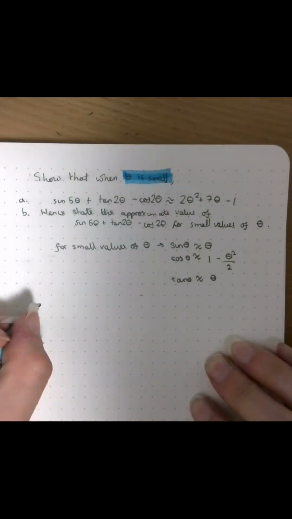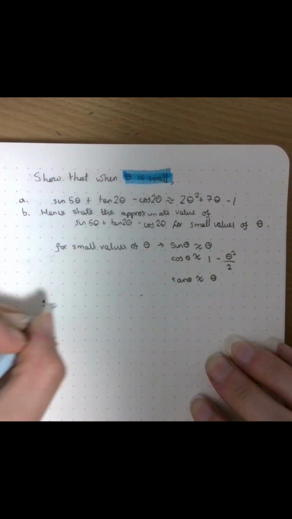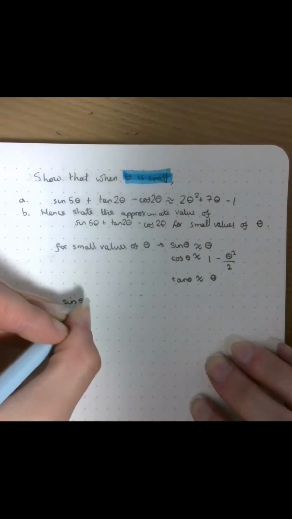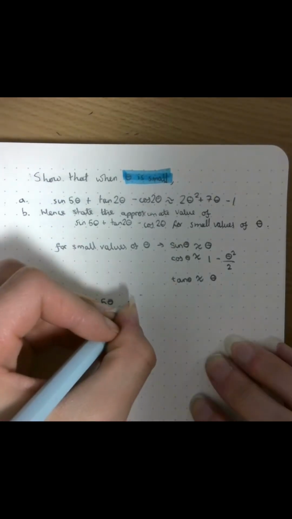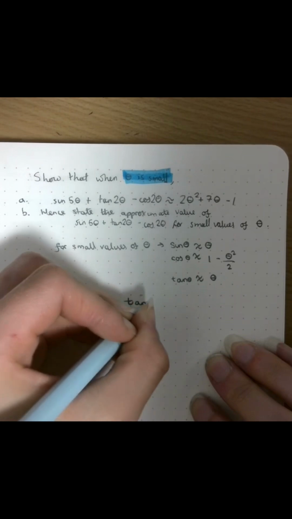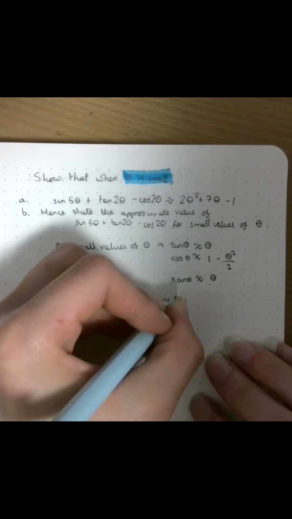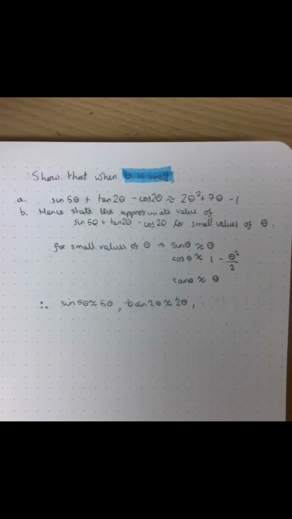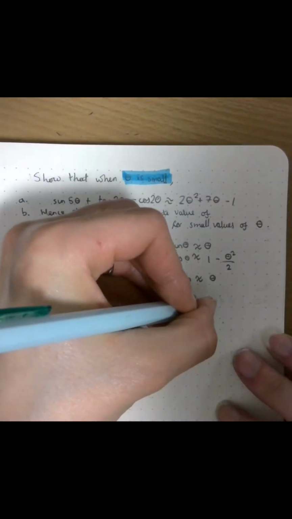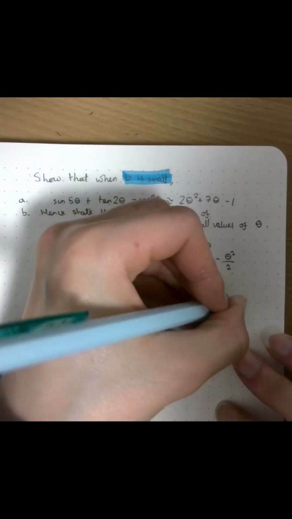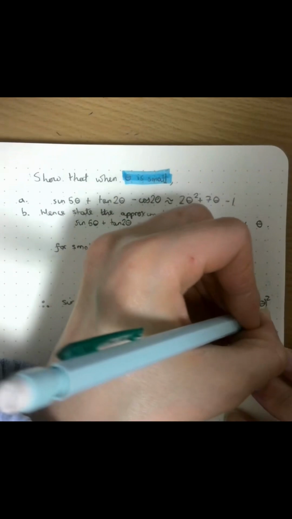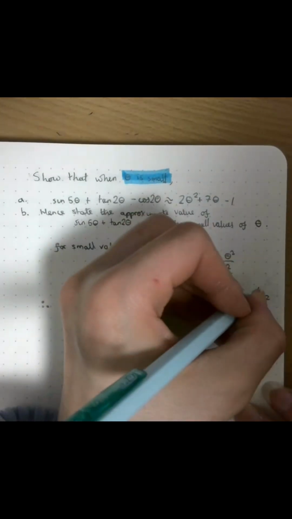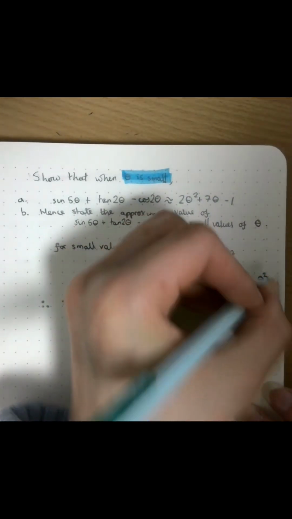So therefore, sine 5 theta will roughly equal 5 theta. We'll do tan. Tan 2 theta will roughly equal 2 theta. And cos 2 theta is roughly going to equal 1 minus 2 theta all squared over 2. Now the 2 theta squared will roughly equal 4 theta squared.